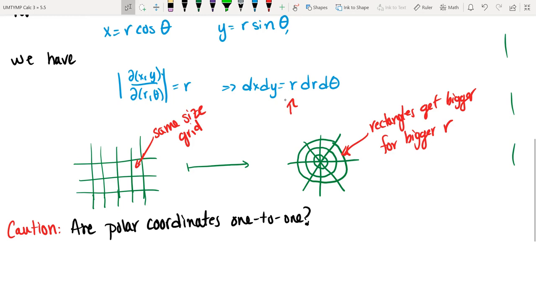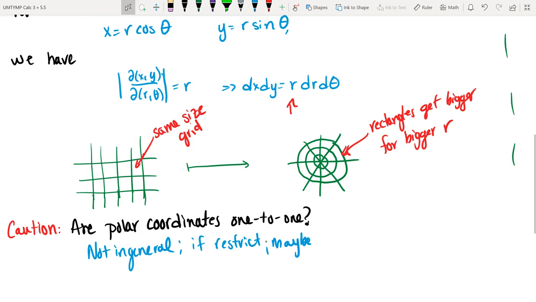And one caution I have for you is this question: are polar coordinates 1-to-1? And the answer is, well, not in general. Sometimes if you restrict them, you can get them to be 1-to-1. But without those restrictions, you might not be able to say that they are 1-to-1.